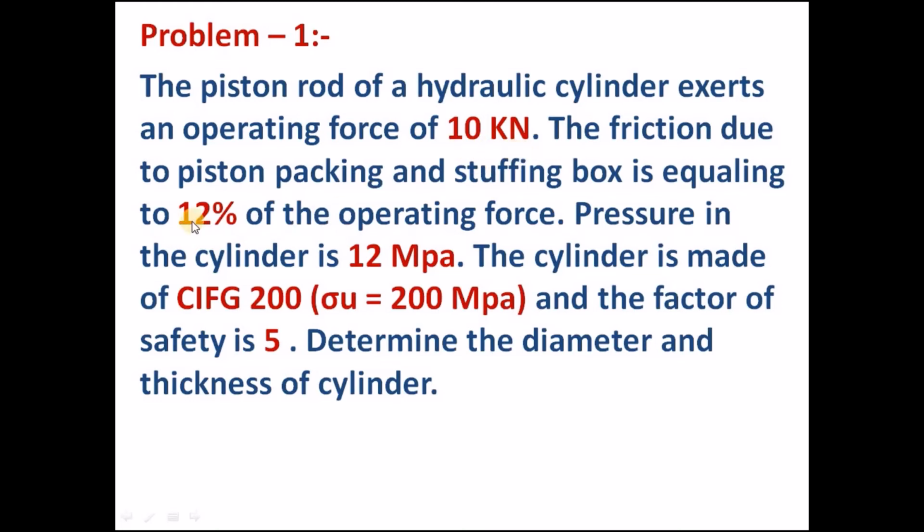In addition to this 10 kN, there will be an additional 12% frictional force. Then the pressure in the cylinder is given as 12 megapascal. The force inside the engine cylinder is given as 10 kN, but the inside pressure is also given, 12 megapascal, or Newton per mm square.